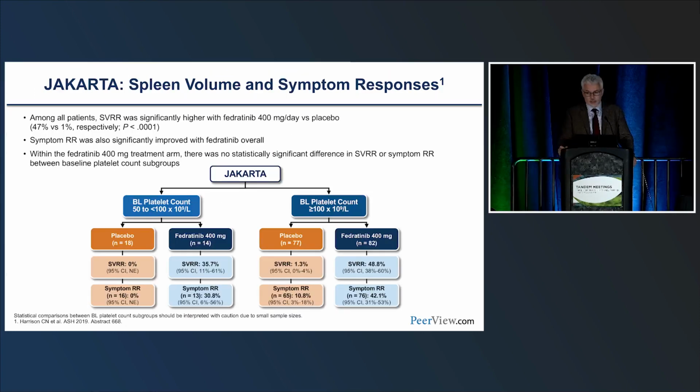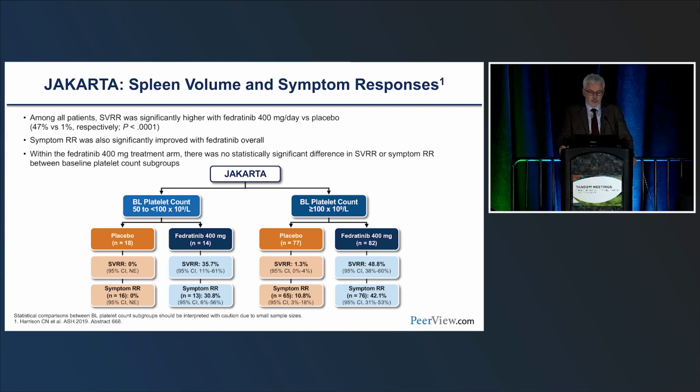The next drug that was approved was fedratinib, based on the JAKARTA study, which was again a placebo-controlled randomized study in the frontline setting for patients with platelets above 50, not below 50 in any of these studies, above 50. But the point of this slide is to divide that group of people from the JAKARTA study into two groups. On the left side, patients with platelets between 50 and 100.